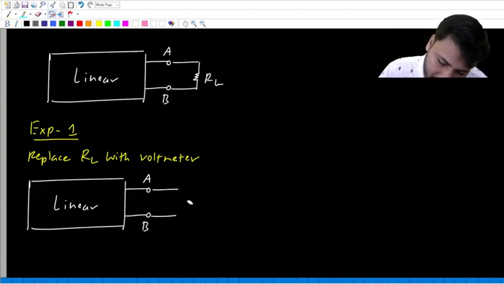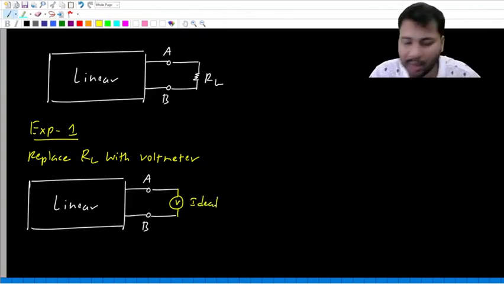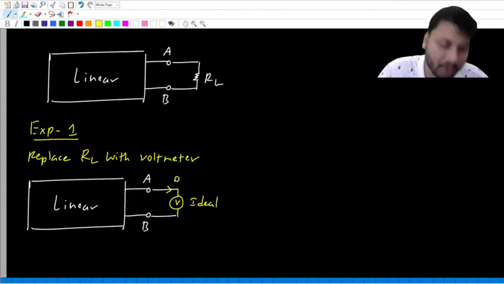Let's say this voltmeter is ideal. An ideal voltmeter won't draw any current.